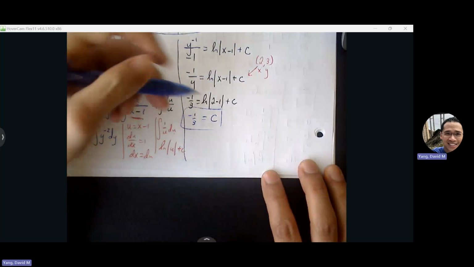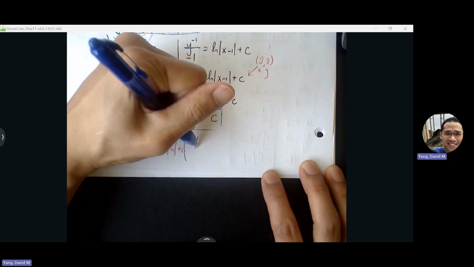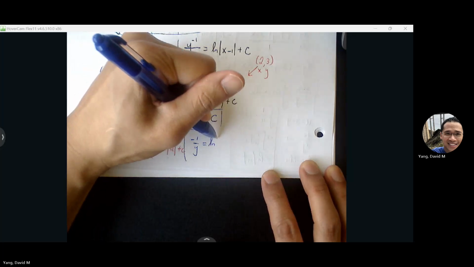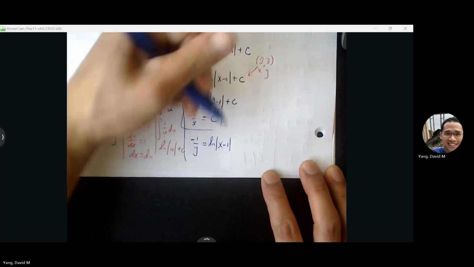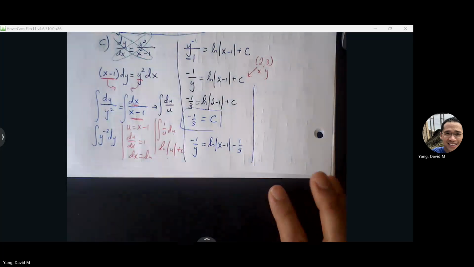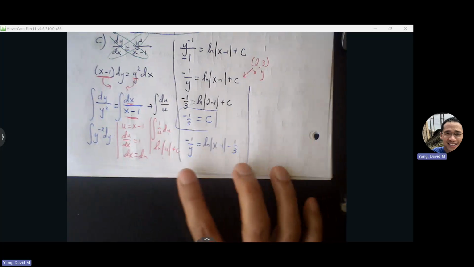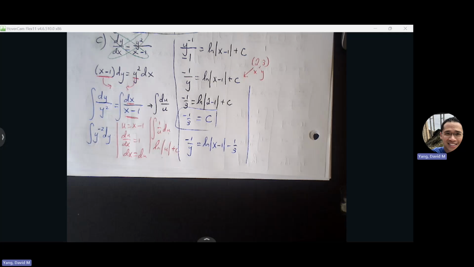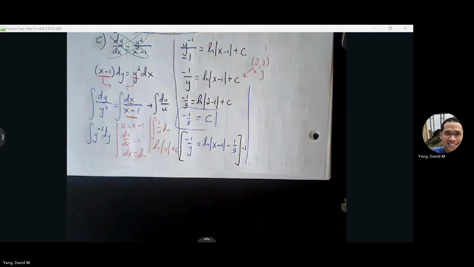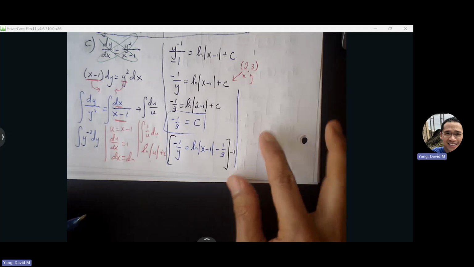I'm going to go back to my equation here. I'm going to move that negative over because I do want to now work on cleaning up that left side.